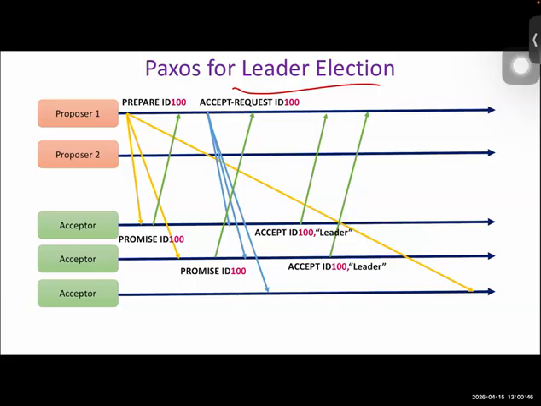So this is the overall concept of the PAXOS algorithm with the three actors, proposer, acceptor, and learners, and to maintain liveness, leader selection is required.